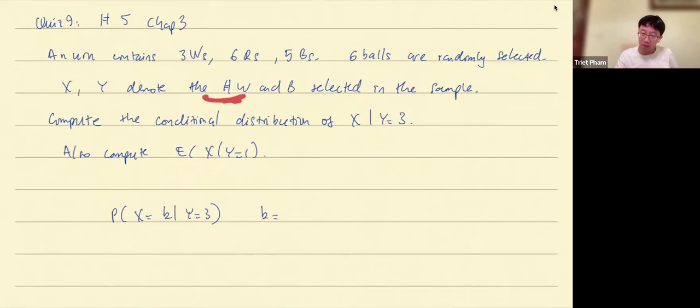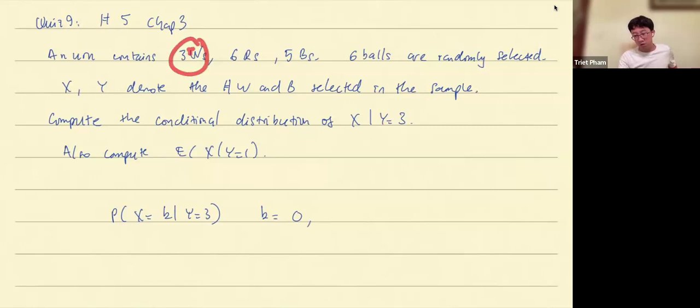X being the number of whites selected. It can be anywhere from 0 to, well, first of all, you can't select more whites than what's in the urn. So 3 is the upper bound according to this.